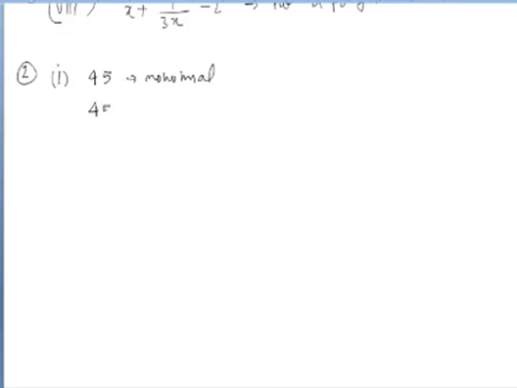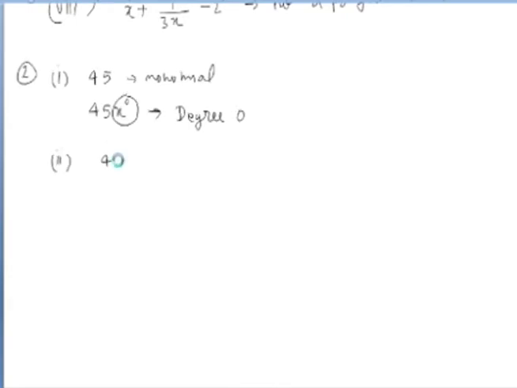We can write this term in this way: x to the power 0, because the value of this term is 1, so the degree will be 0. Degree is 0.